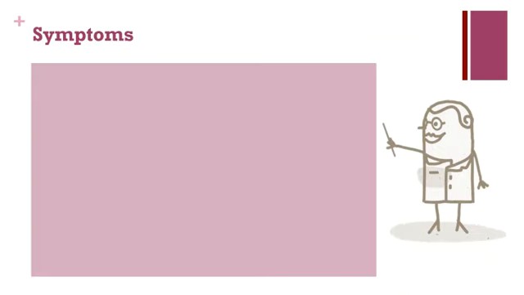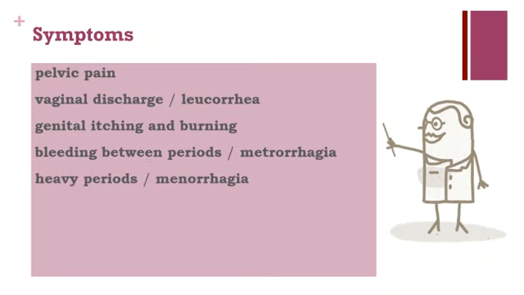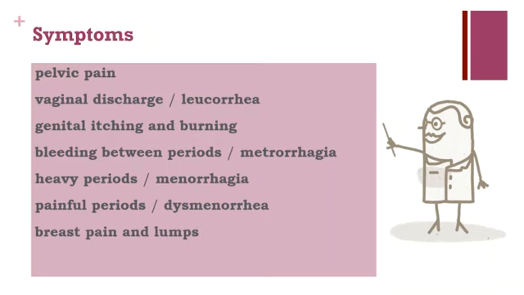Among these symptoms, let's name pelvic pain, vaginal discharge or leukorrhea, genital itching and burning, bleeding between periods or metrorrhagia, heavy periods or menorrhagia, painful periods or dysmenorrhea, breast pain and lumps, discharge from the nipples.